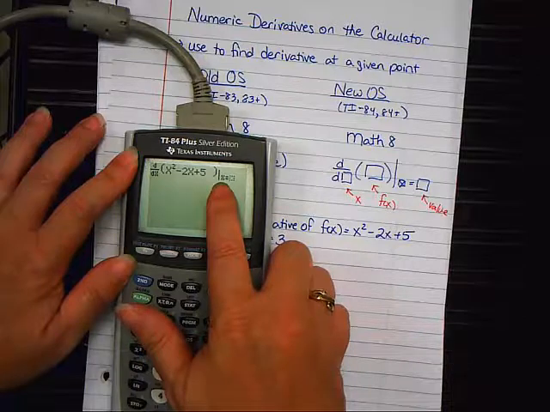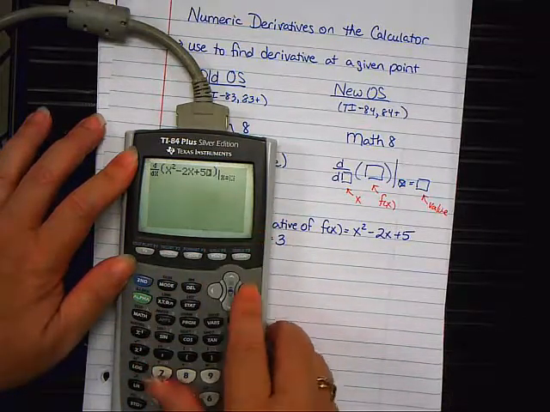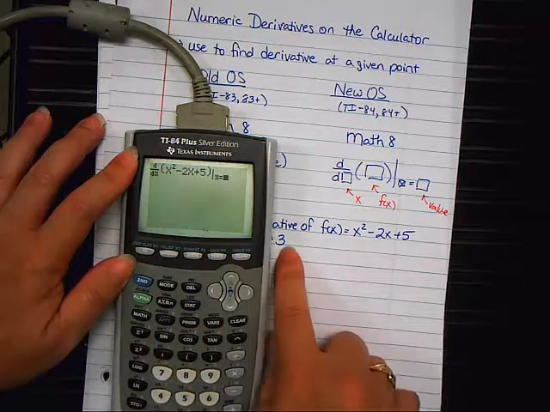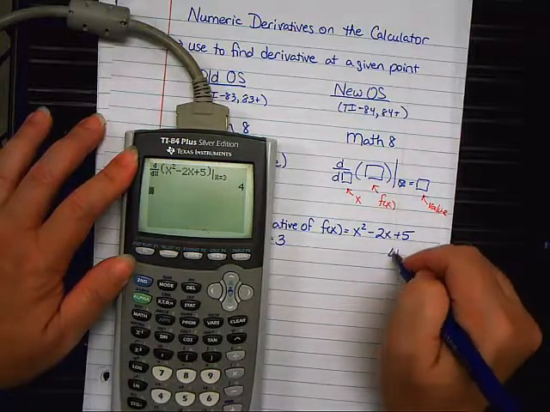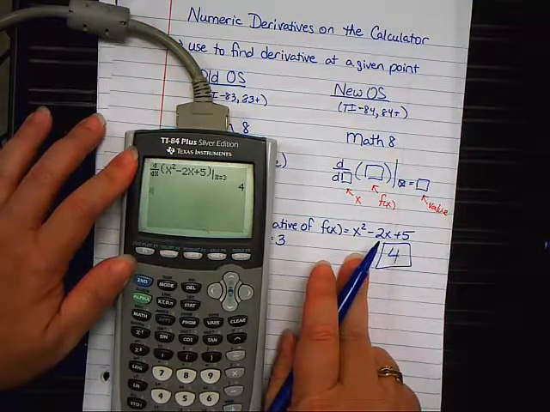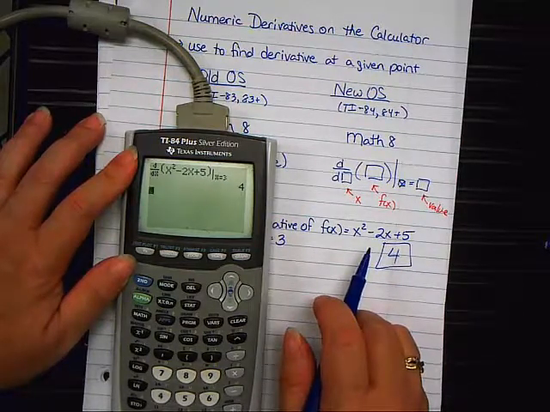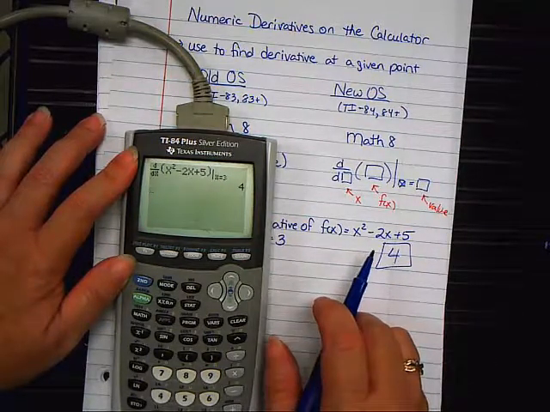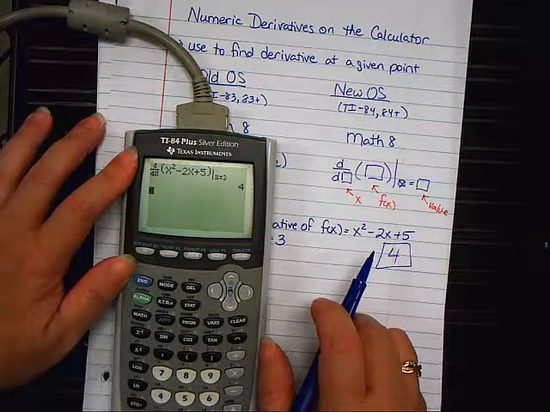Notice that that box turned into an x, because as soon as you put an x here, that turns into an x there. Just right arrow and it jumps to the last box. We're doing the derivative at 3. So we type a 3, push enter, and the answer is 4. So basically what it did is it took the derivative of this function and plugged a 3 in for you and gave you 4. Now that's not a hard one to do by hand, but when they are hard to do by hand, this is very nice to use. Any questions on the 84 method?